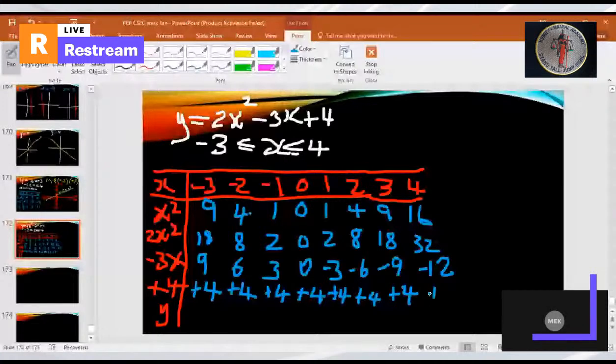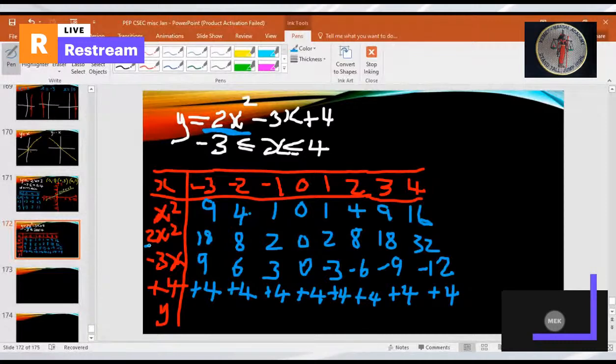How do we know? All we need to do is go and see the first term in the function. The first term is 2x squared. So that's starting in this row. So this row we're going to start.